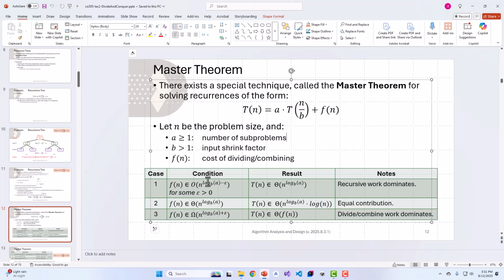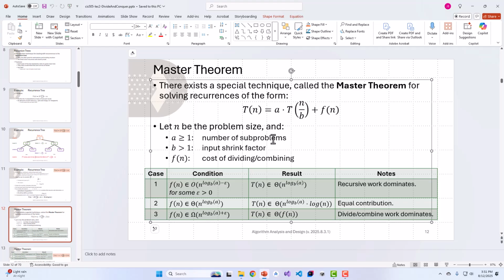Now, the way they do this is they use something called the watershed function, which is n to the power log base b of a. That is a special function that actually shows up in various contexts all over the place that math is used, especially when we involve recursion. So basically, you're taking the values that you obtain from the format of the recurrence relation right here, and you compare that f of n part at the tail end here with the stuff that you get from the a and the b.